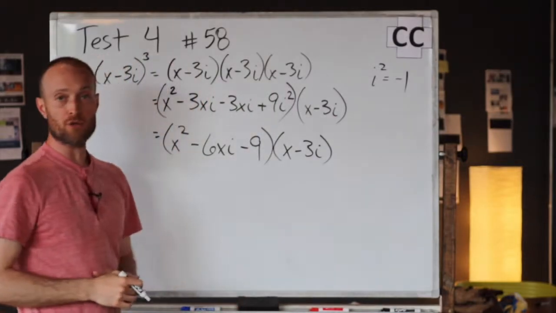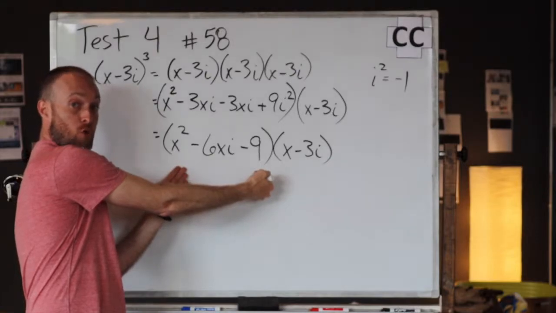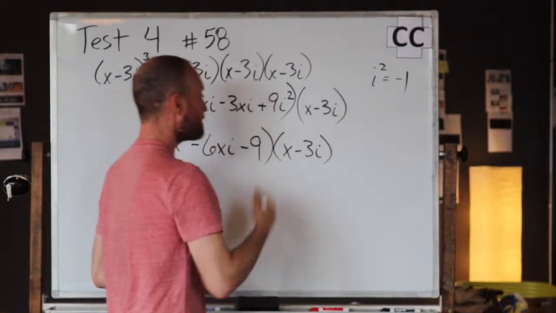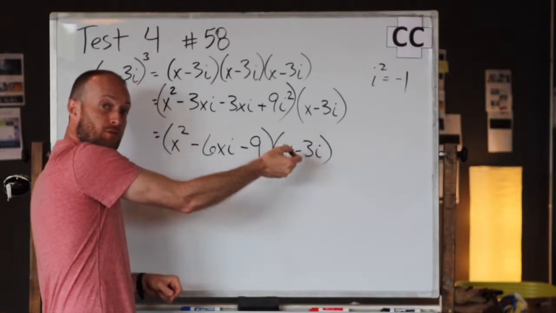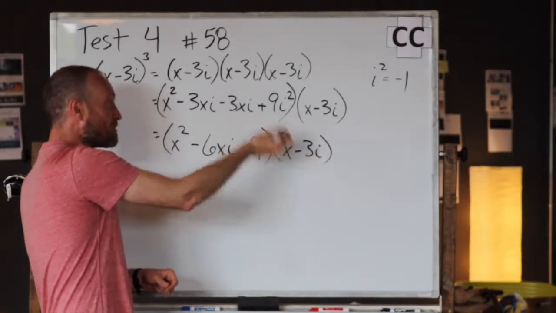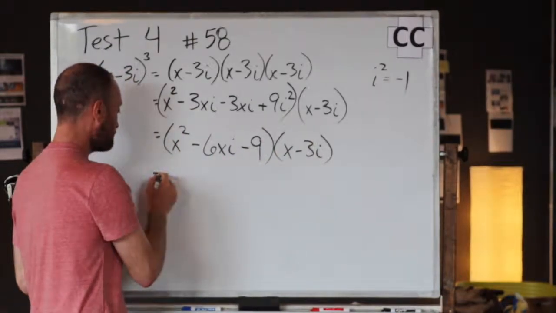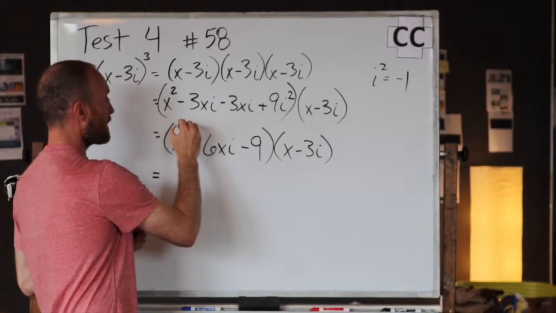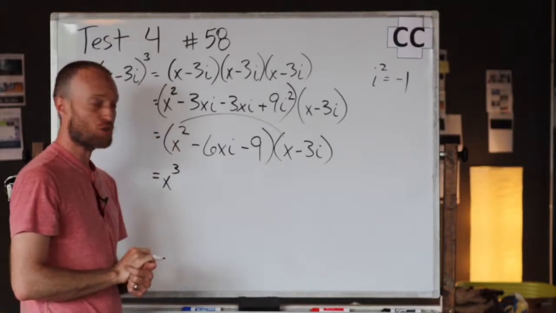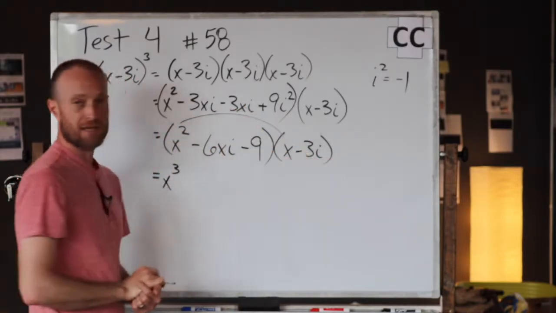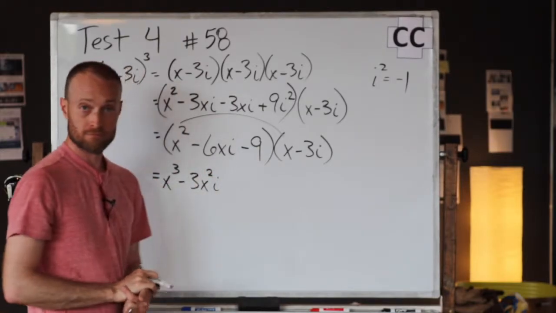All right, so now we're going to take that and multiply it by that original binomial again because we're cubing. So this is x minus 3i squared times x minus 3i. We keep moving forward, and now we take each term of this binomial, multiplying it by each term of this trinomial. Here we go. So x squared times x is x cubed. x squared times negative 3i is negative 3x squared i.